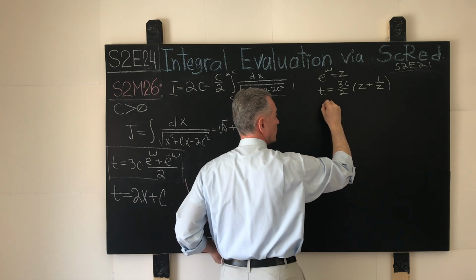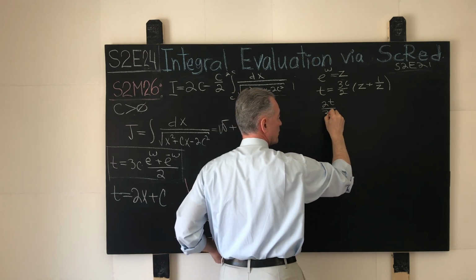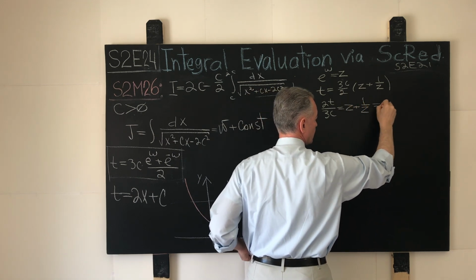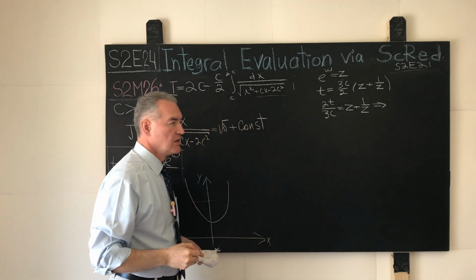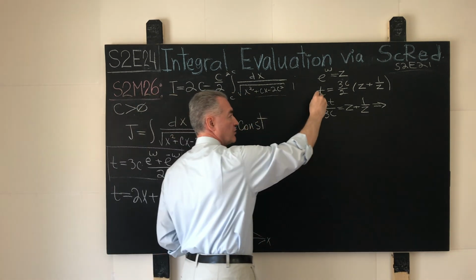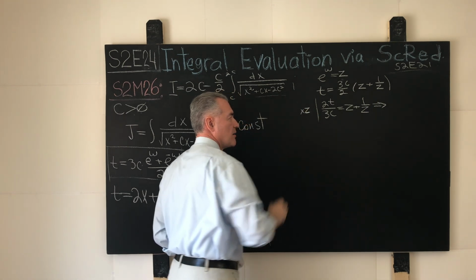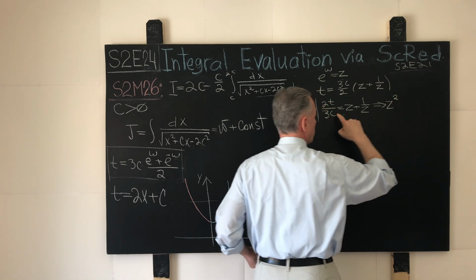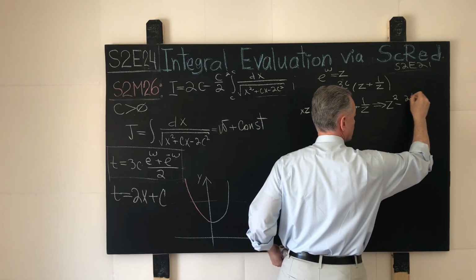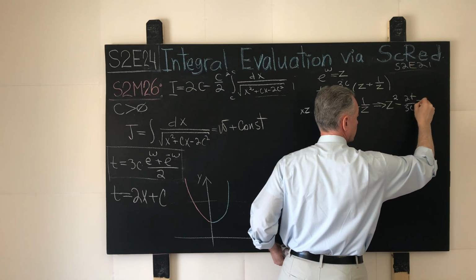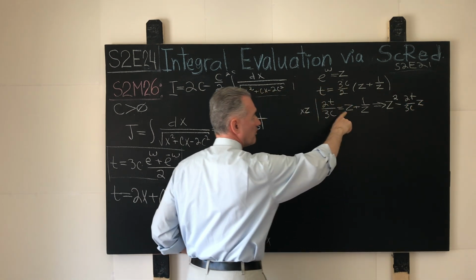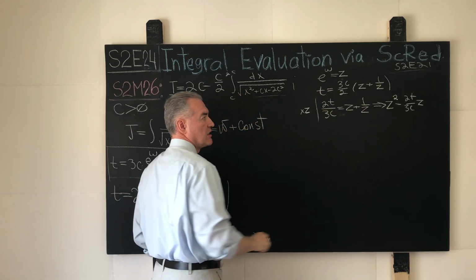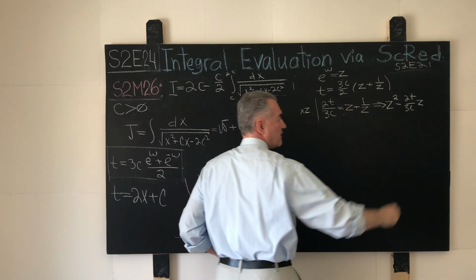Then that means 2t over 3c is equal to z plus 1 over z. And what does that mean? In that case, if we multiply this equation through by one copy of z, what will we have? z squared minus 2t over 3c z plus 1 is equal to 0, where we carry this term to the left hand side of the equal sign.